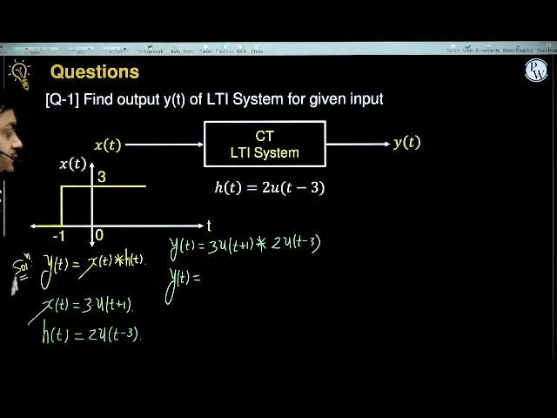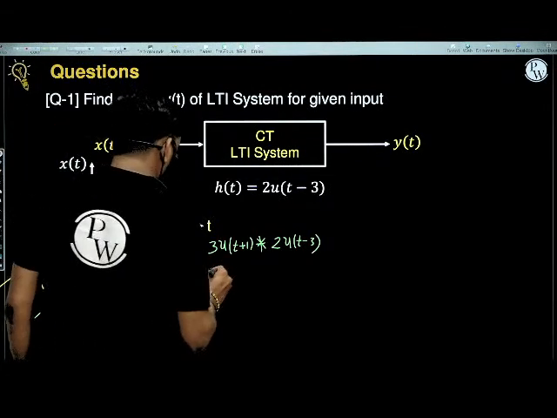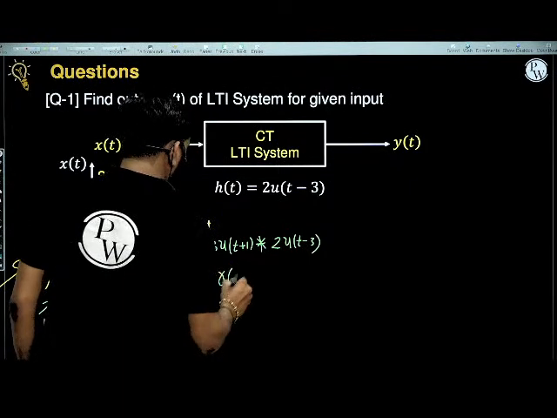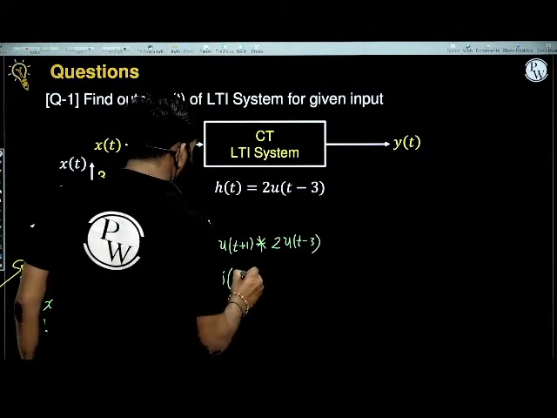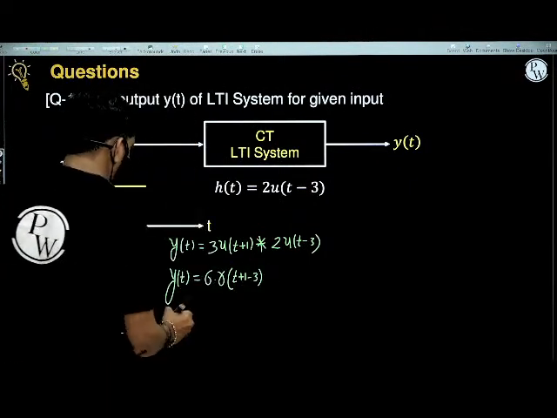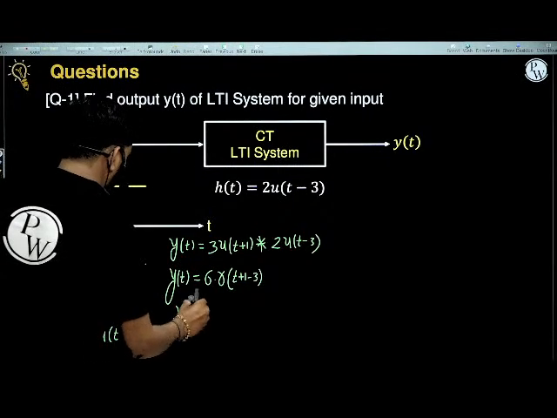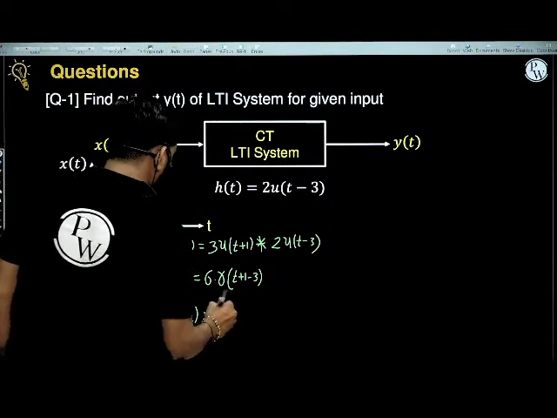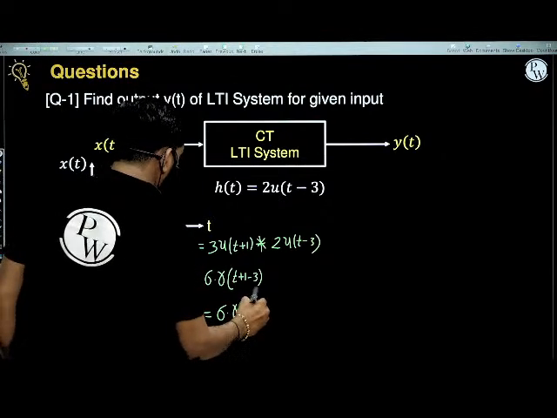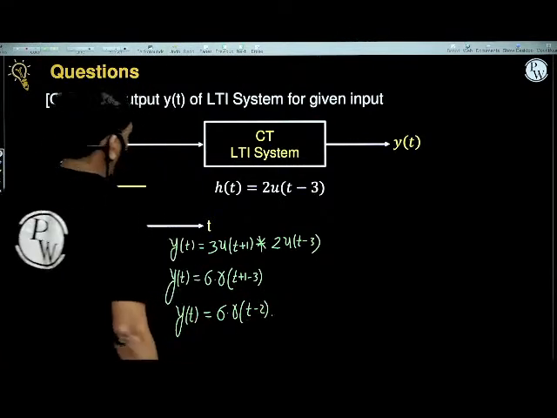So y of t is equal to the convolution of step with step, which gives a ramp, 3 into 2, it is 6, guys, r of t plus 1 minus 3. So y of t is equal to 6 r of t minus 2.